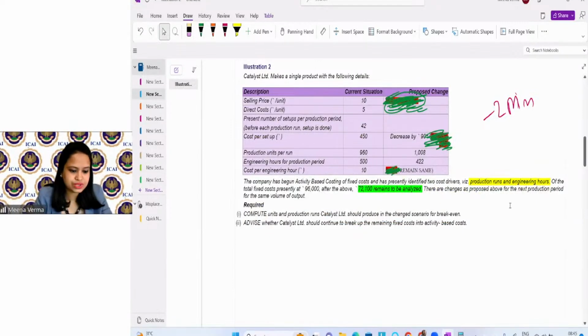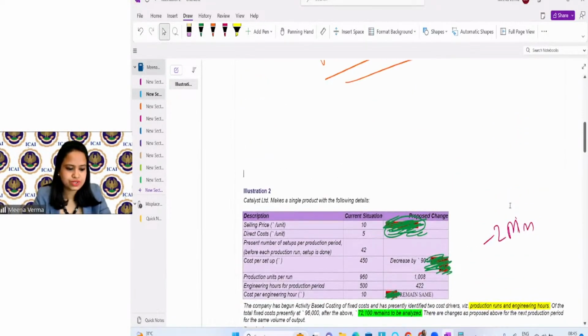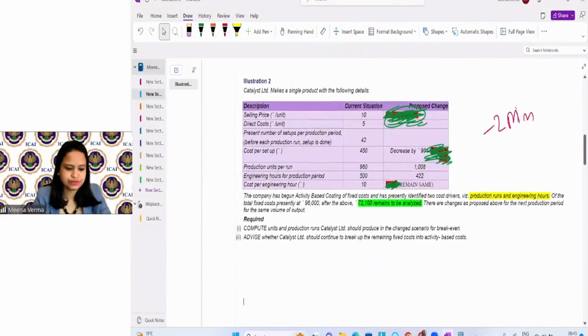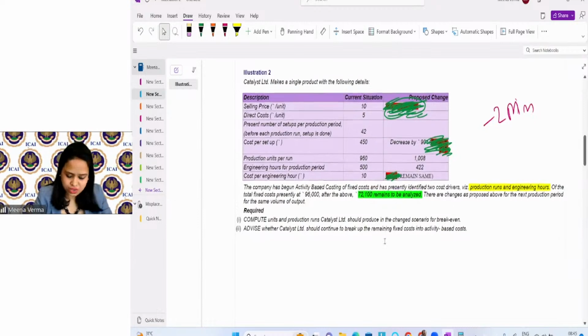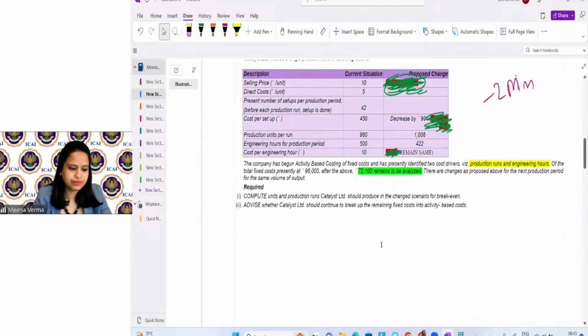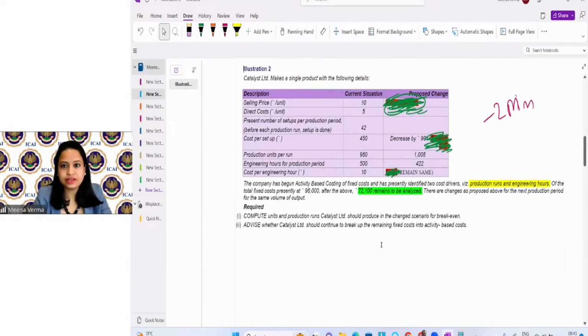Okay, now let's do this question. We have this question. Let's do this question. Okay. So what is the question? Let's read the question. Catalyst Limited makes a single product with the following details. Selling price under the current situation is 10 and the direct cost is 5.